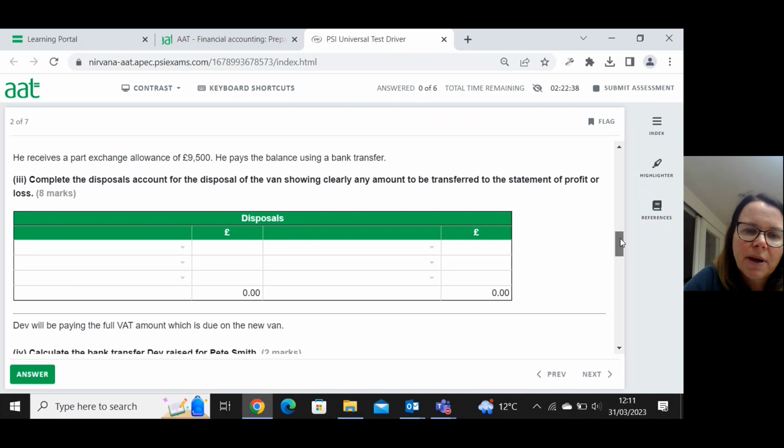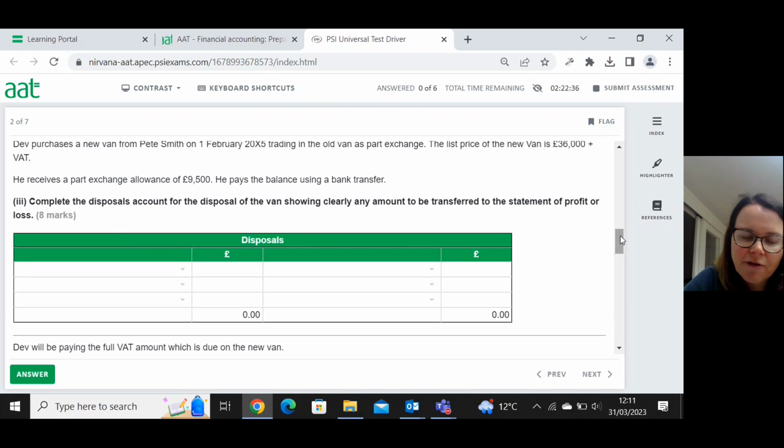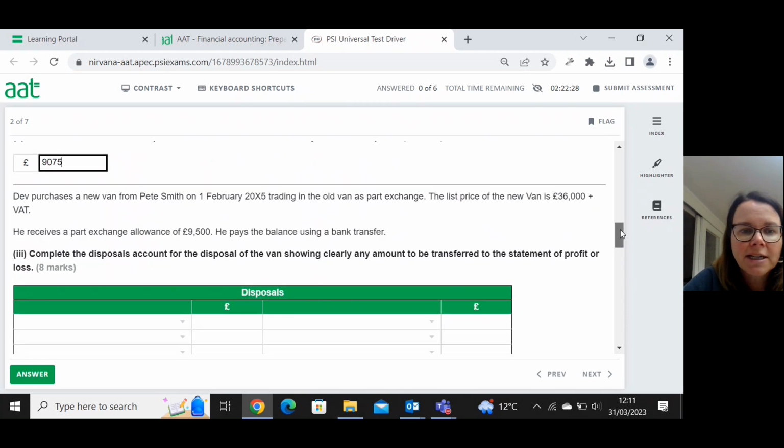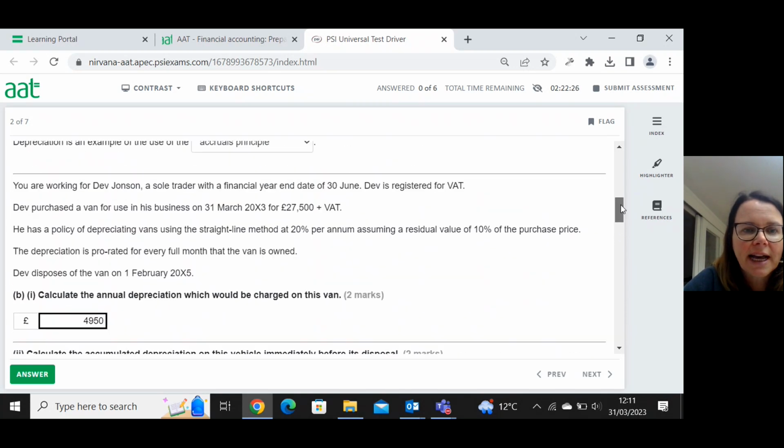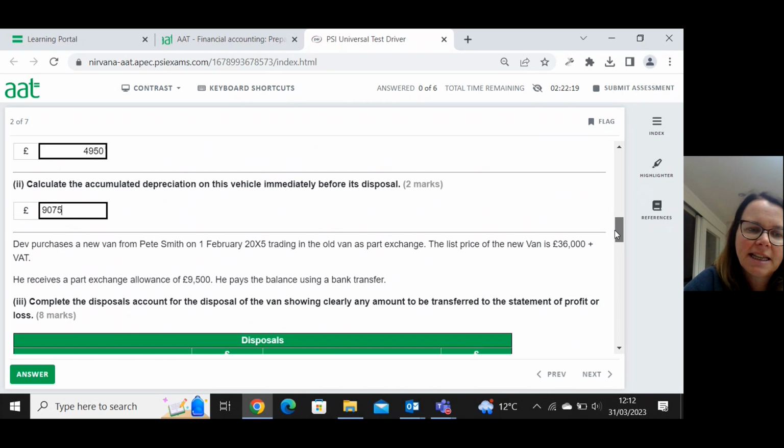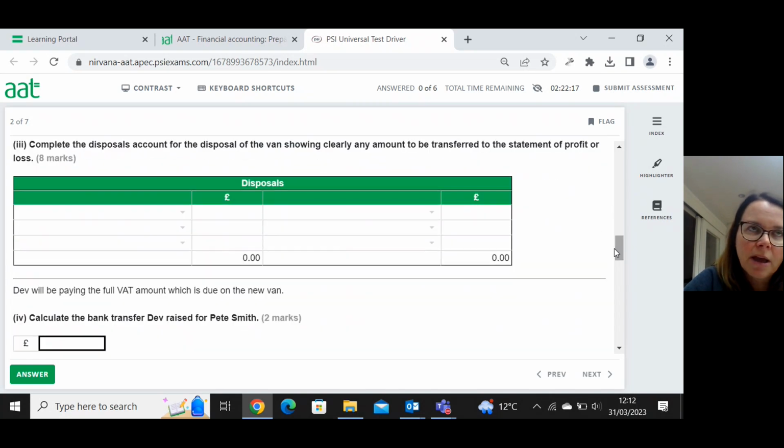Right, so whenever I do a disposal, go through it methodically, step by step. So step 1 is to get rid of the original cost. We know that his original van cost 27,500. That's what would have been sitting in the cost account. It's an asset, so it would be sitting as a debit in the cost account.